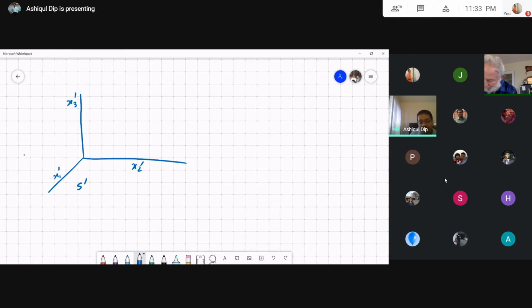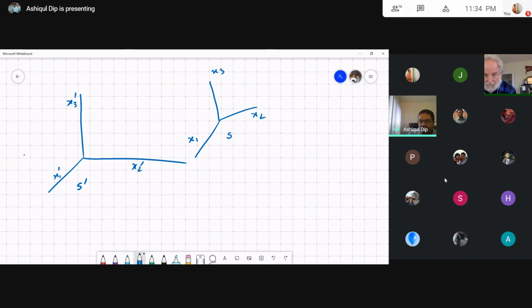This one is an inertial frame, and another is not. This is x1, x2, and x3, and this is the S frame. They measure the same event, the same particle.